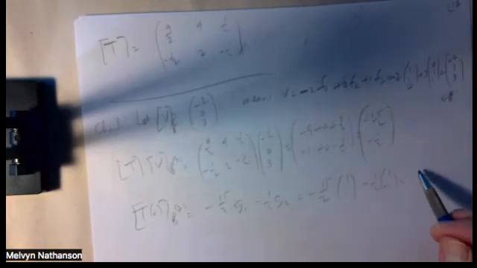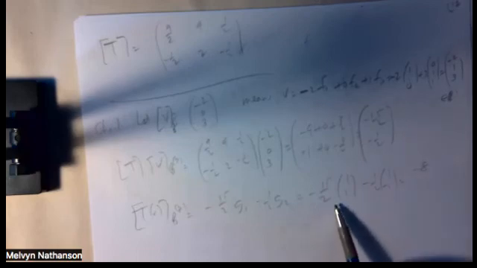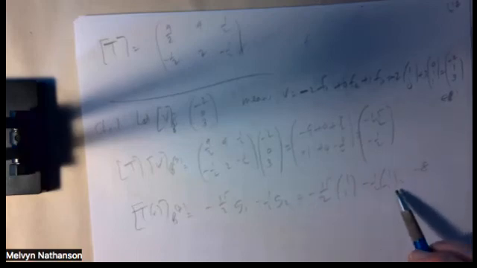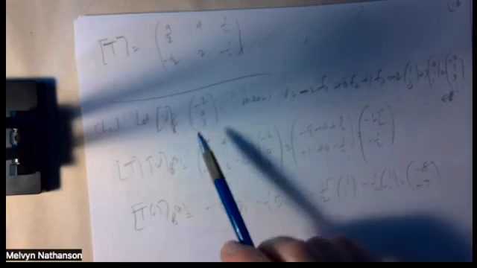So I get -15/2 minus 1/2 is -8. -15/2 plus 1/2 is -7. So the coordinates for this vector in the standard basis are -8, -7. So I start with the vector -2, 0, 3, and I get the vector -8, -7.